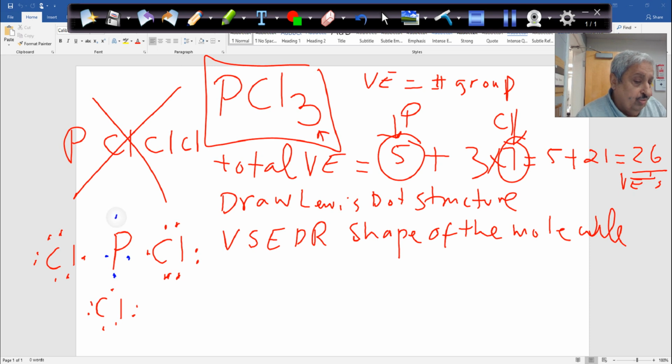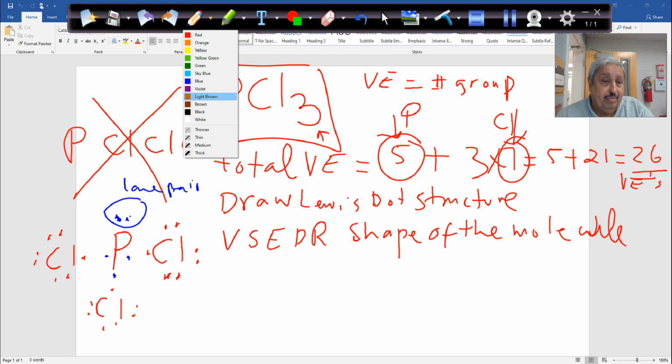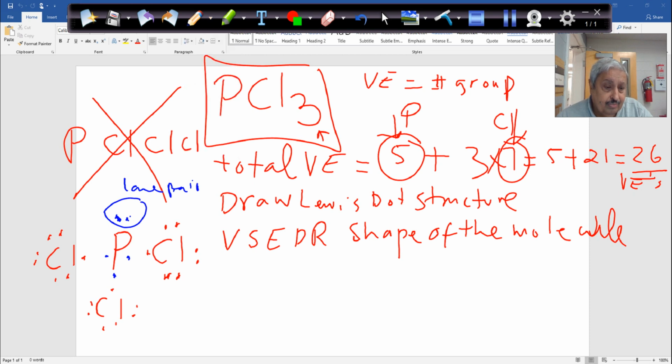And then the 2 will be there on the top. They are not bound, so they are a lone pair. They are not bonding. Why am I doing this? Because I want to make a single bond. So single bond here, single bond here, single bond here. So this is the Lewis structure of the valence electrons.